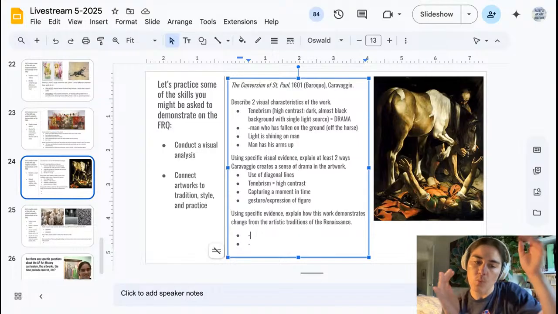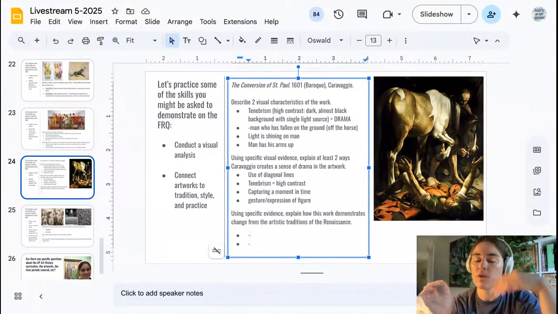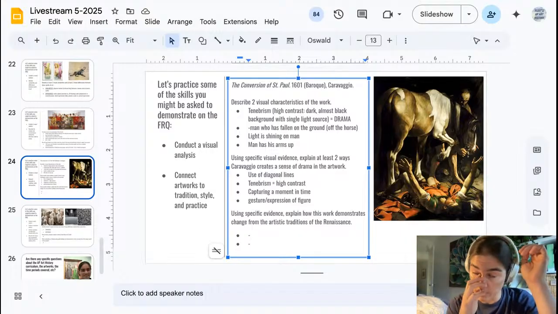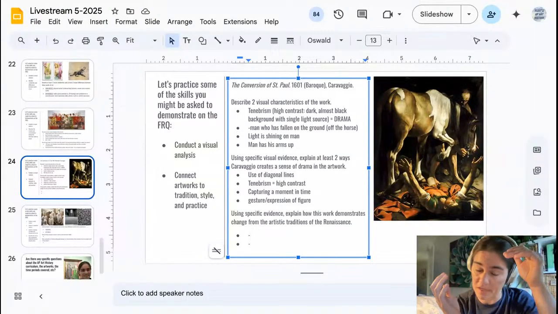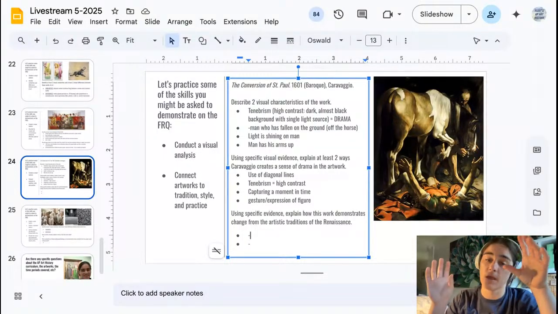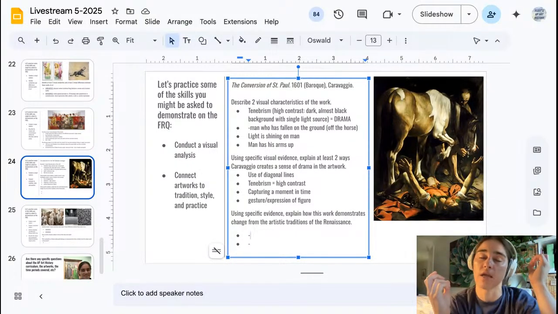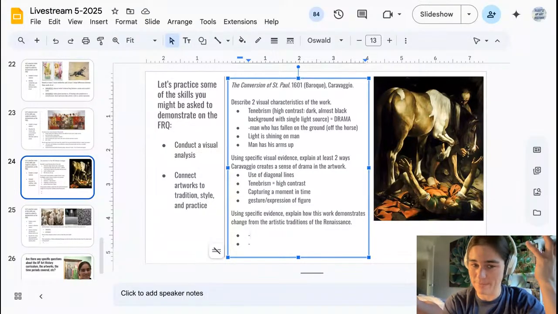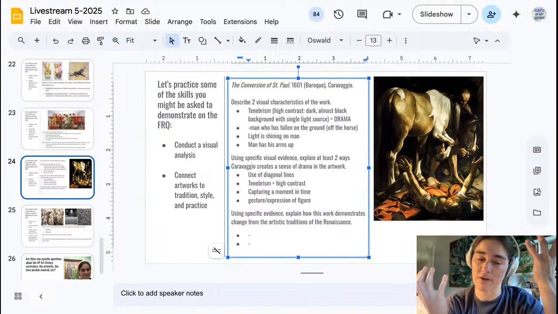So typically with high Renaissance, you can expect to see a couple of things. Typically, we have a very clear horizon and or vanishing point, right? And usually that vanishing point is in the center. Usually things like Last Supper or the School of Athens. Typically compositions in the high Renaissance are going to be very symmetrical as well. Like what is on one side is going to be on the other. They're also very orderly and organized, and they're also very bright and colorful, right? There's a lot of vivid color.